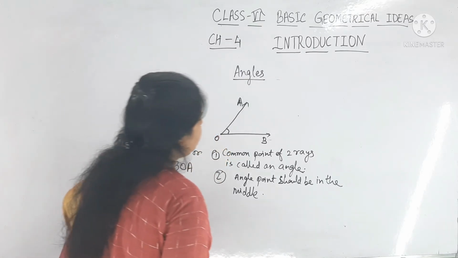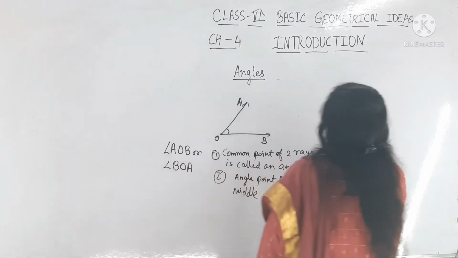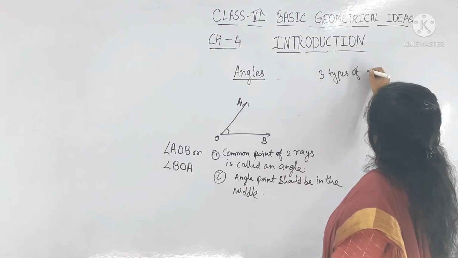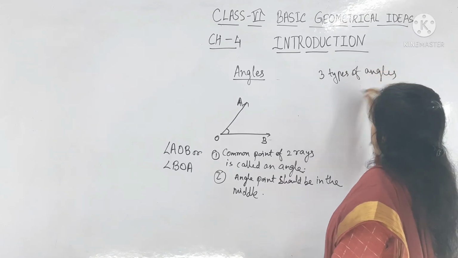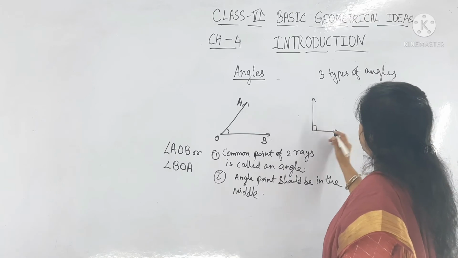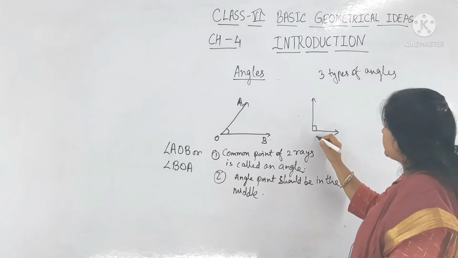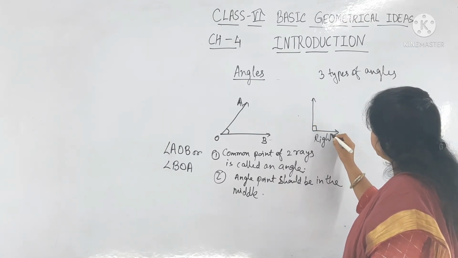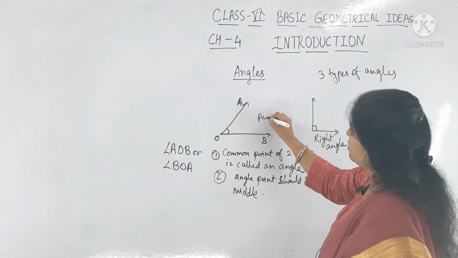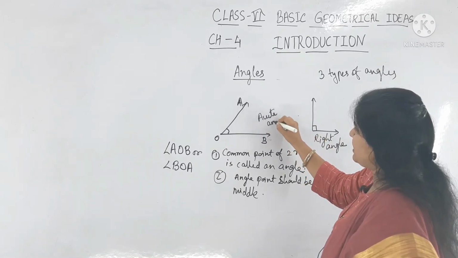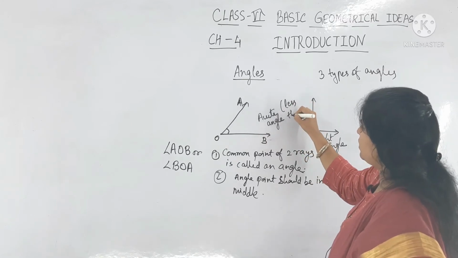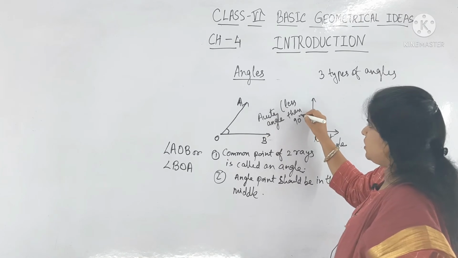So here we will see 3 types of angles. One is the right angle, that should be in a straight line, okay, that is the right angle. This is the acute angle, that is less than 90 degrees, right?